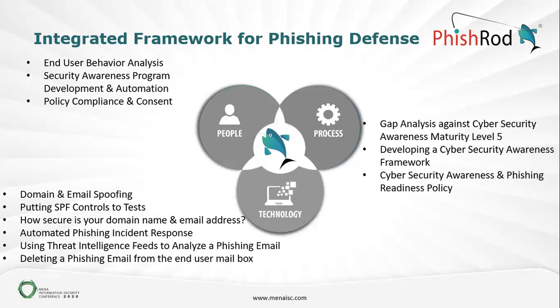For example, once a phishing email or a suspicious email lands into an end user mailbox, all the threat intelligence and all the controls that you already have, they at this particular time are of no use, because only an end user can play a role.